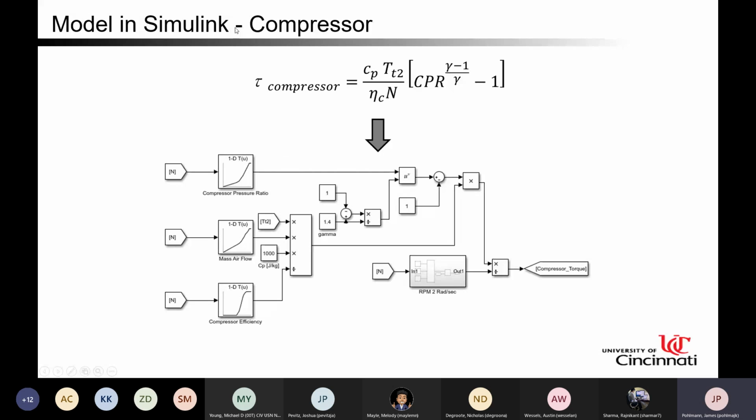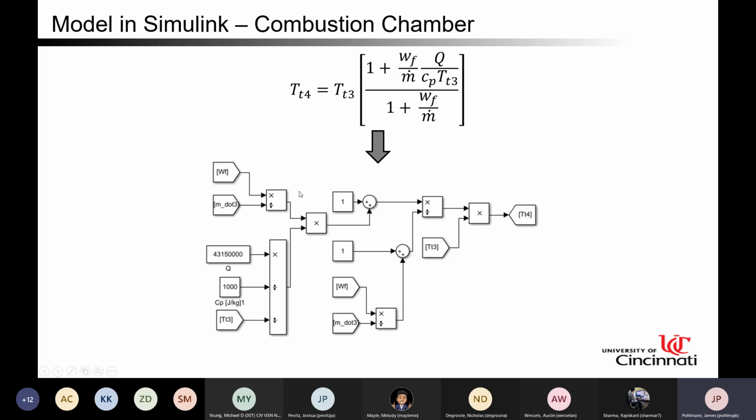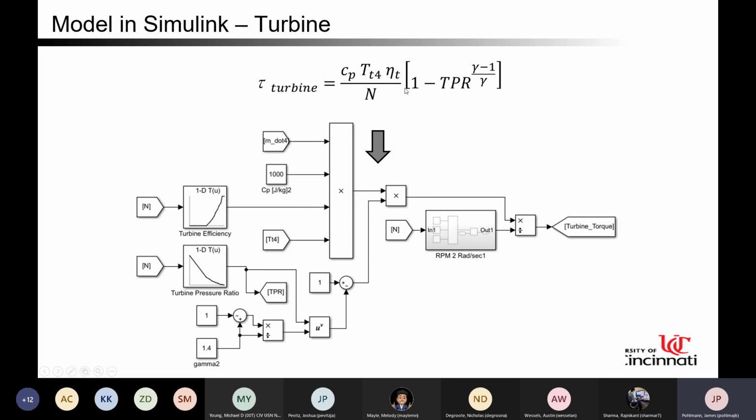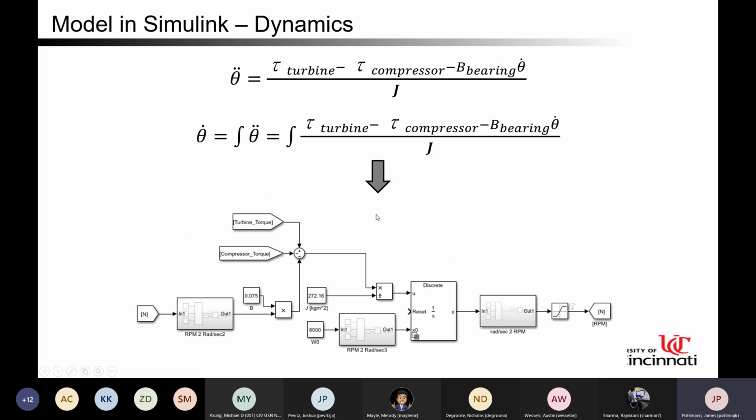Modeling in Simulink, as an example, here's a compressor. This is the torque equation from the compressor that was shown earlier, and here are the variables that were functions of the rotor speed N. You can discretize it and simulate it in Simulink as opposed to trying to solve this analytically. Similarly, here's the combustion chamber temperature rise equation and the turbine torque equation, also modeled in Simulink.